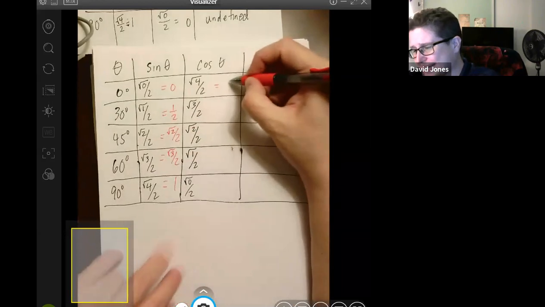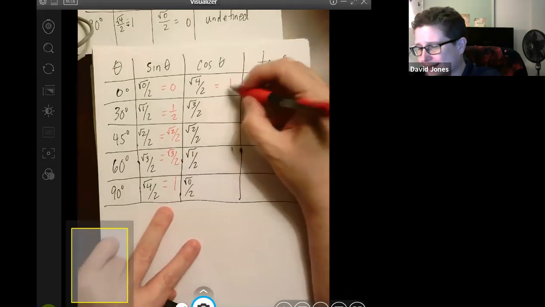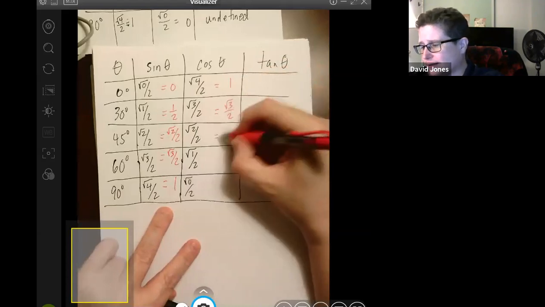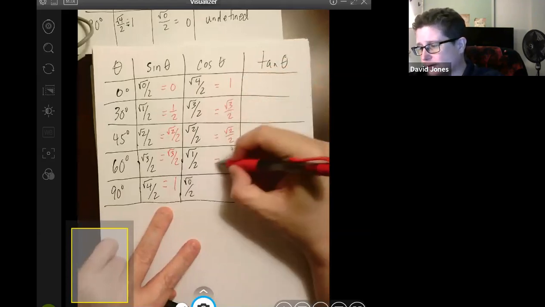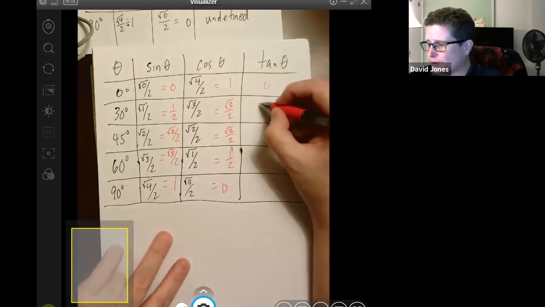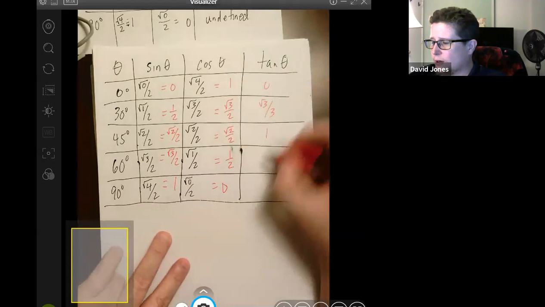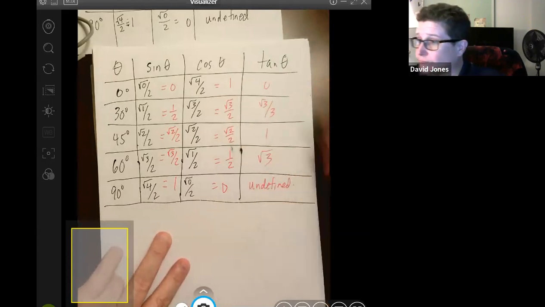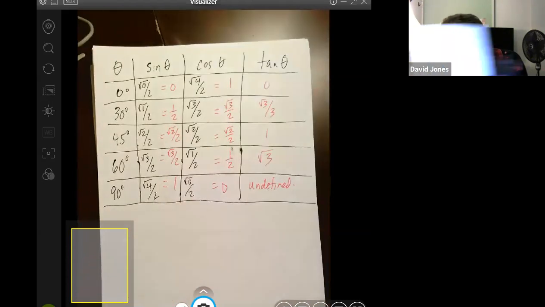This one is just the exact same thing as sine theta in the reverse order. And here we've got 0, root 3 over 3, 1, root 3, and undefined. That's your cleaner table.